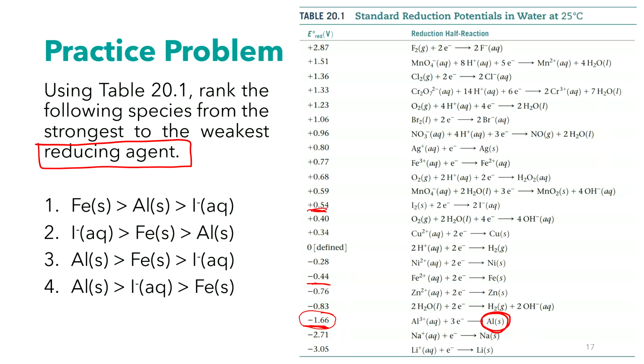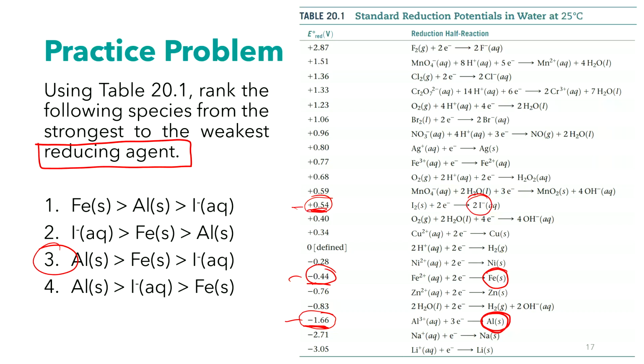It's a really good reducing agent. And then next up is the iron, and then next up is the iodine. Remember, it might not be organized this way in a table, so just use your critical thinking and make sure that you are looking at those values. So the correct order is 3.